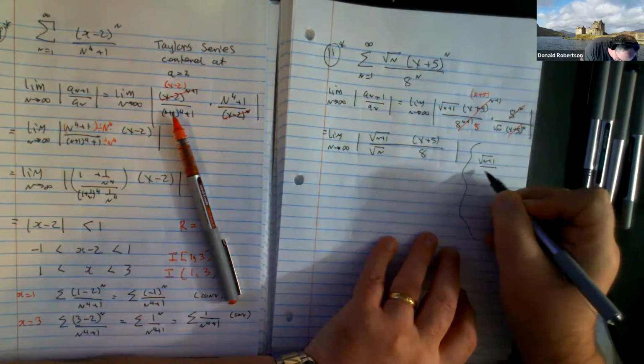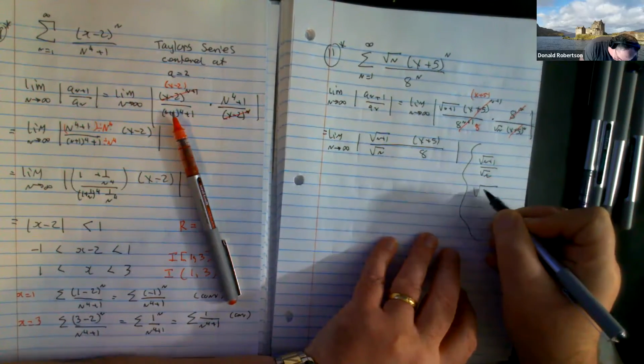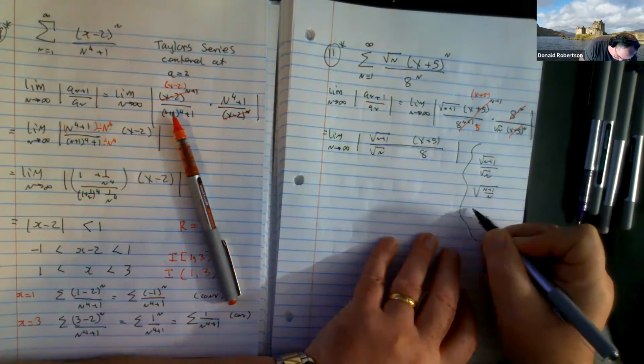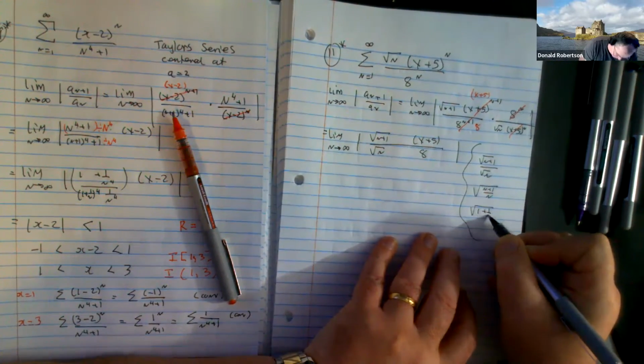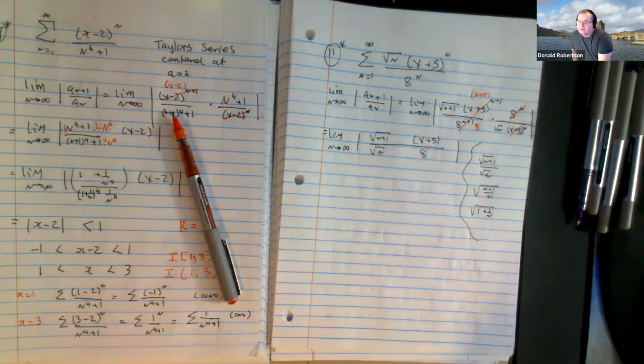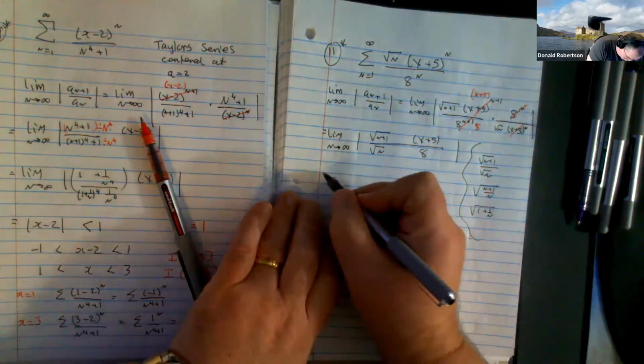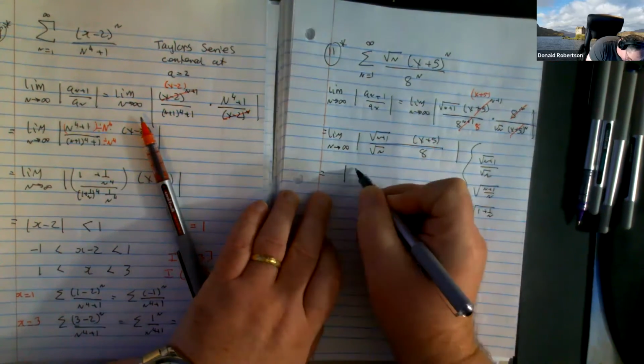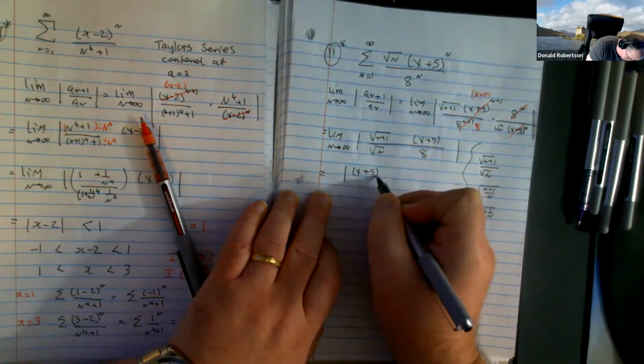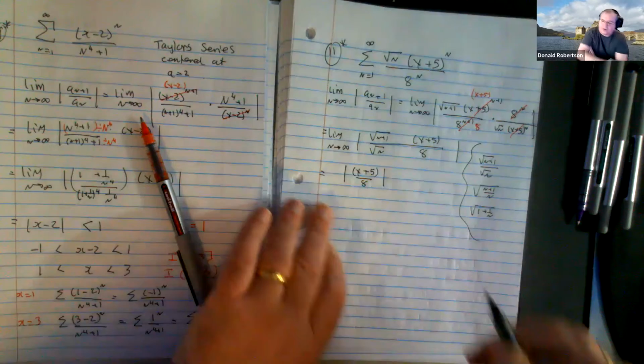One way of doing this would be, couldn't you put it inside the square root? And then do that, and then couldn't you brute force it? And wouldn't that be square root of 1 plus 1 over infinity, square root of 1 plus 0, square root of 1, 1. Which means that we can now go to x plus 5 over 8. So that's what the limit ends up being.